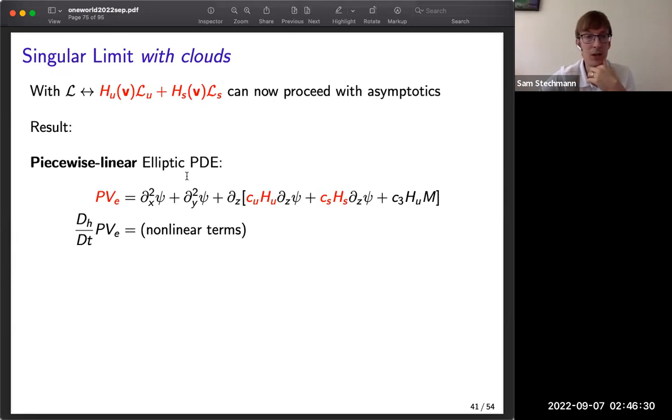What you get is an elliptic PDE, but now it's a piecewise linear elliptic PDE. Normally there'd be an f squared over N squared, with rotation rate and buoyancy frequency. Now you get a different coefficient. I just call them constants u and s here for simplicity, depending on which phase you're in, because the buoyancy frequencies are different in the two phases.